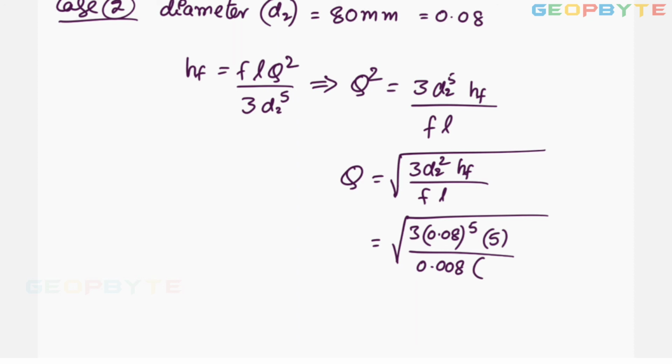Length of the pipe remains the same at 3 meters. You simplify this value for getting 0.045 meter cube per second.